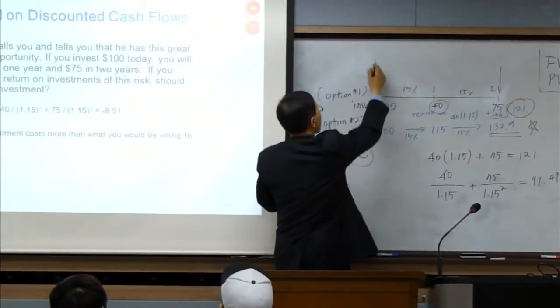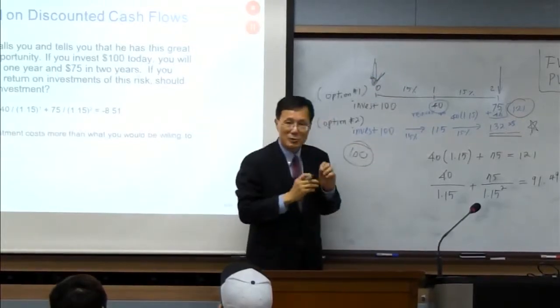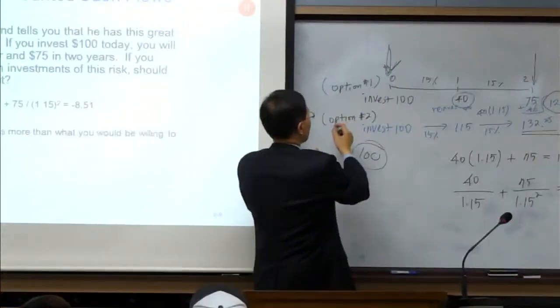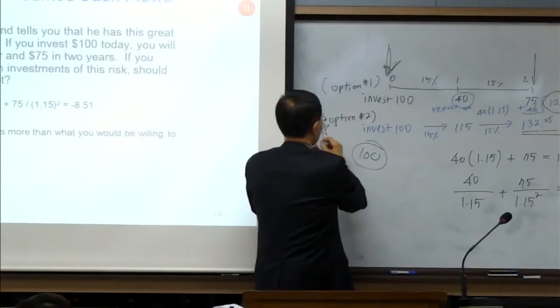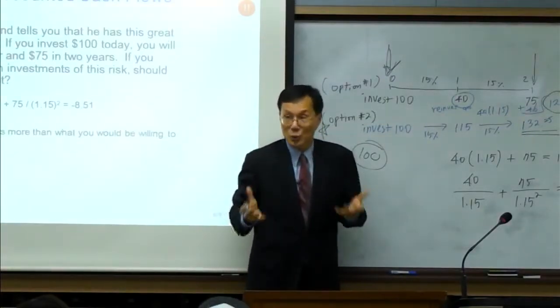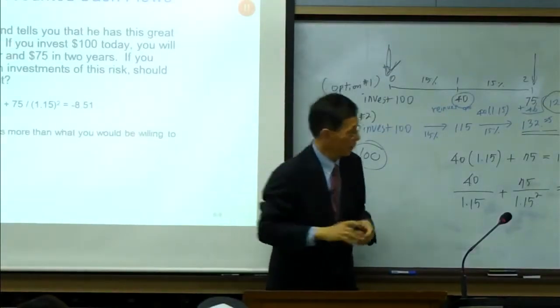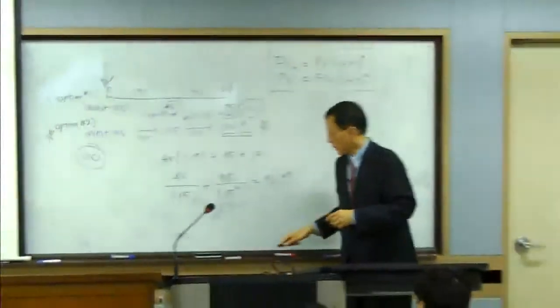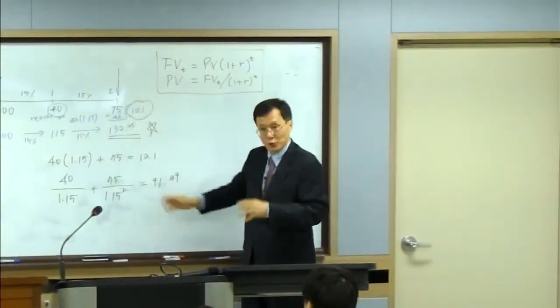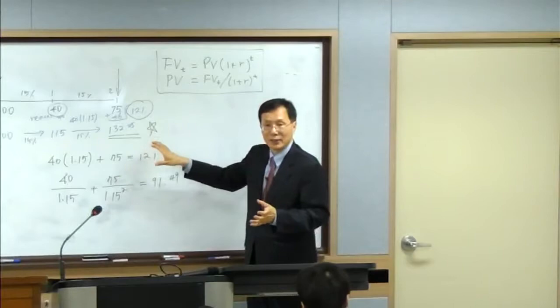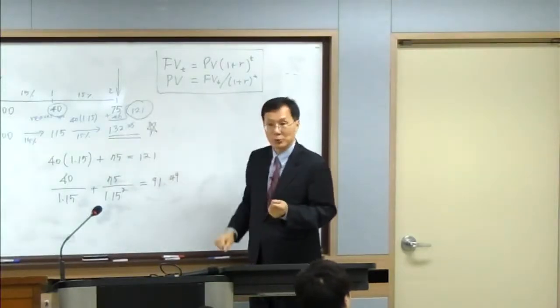So if you compare it as of time 0, you still come ahead with your $100. Okay? If you compare that as of time 2 future values, again, your option is better than stockbroker's option.